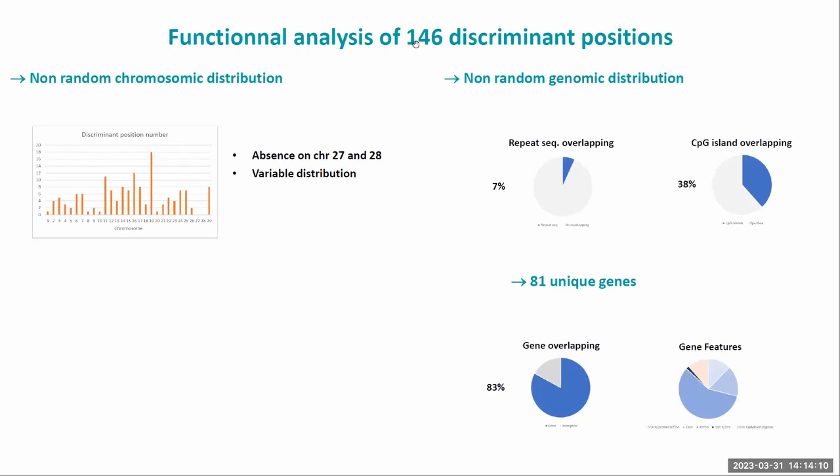They also have a non-random genomic distribution, and the most interesting point is that 83% of them target genes, more precisely 81 unique genes.